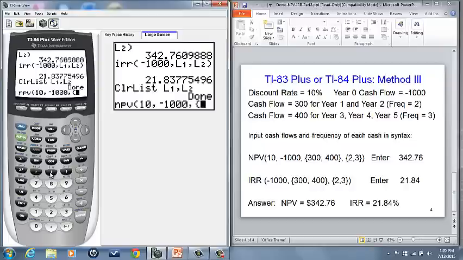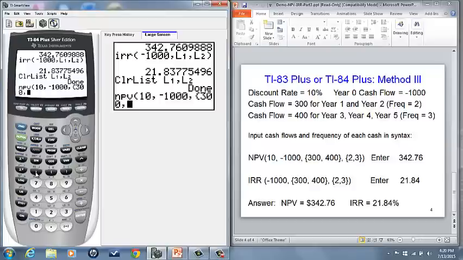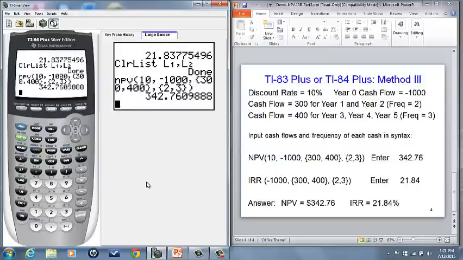So 2nd, left parenthesis, left curly bracket, 300, the first stage cash flow, comma, 400, the second stage cash flow, and then 2nd, right parenthesis, which is the right curly bracket, comma, and another curly bracket to input the frequency of each cash flow. 300 occurs for 2 consecutive years, so the frequency equals 2. 400 occurs for 3 consecutive years, so the frequency equals 3. Then the closing curly bracket and the right parenthesis, and enter. It will show us the same answer.